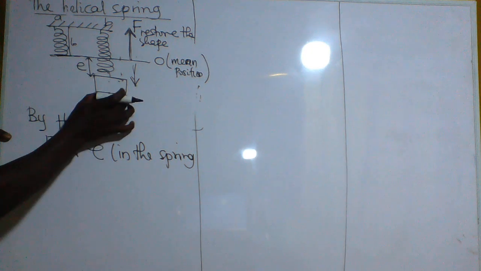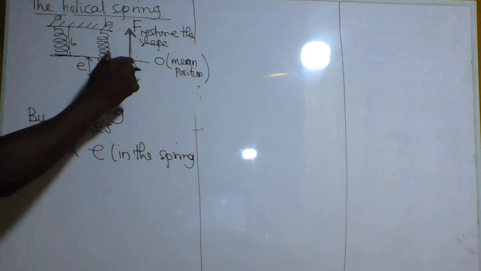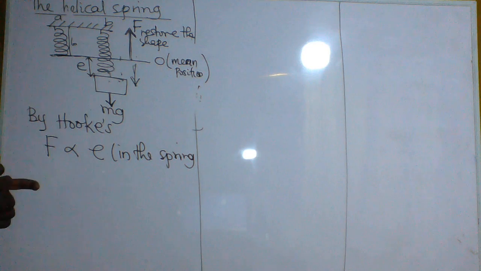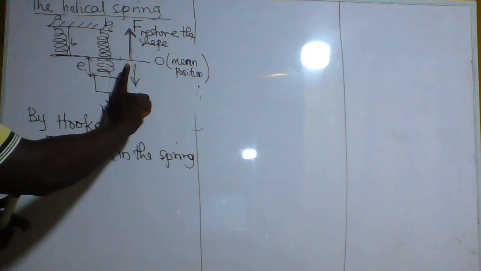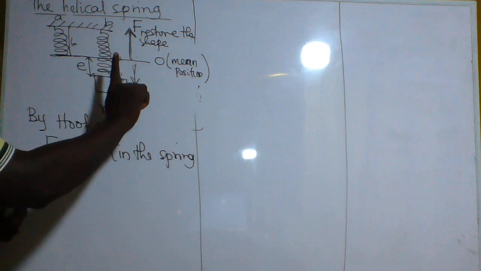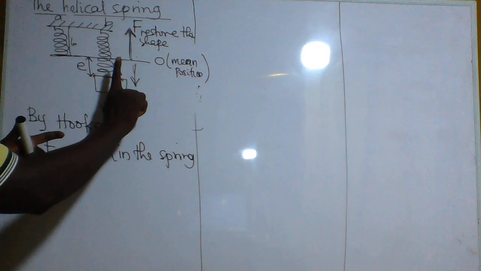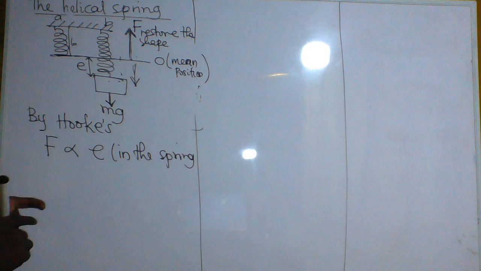The direction of this restoring force here upwards is always against the direction of displacement downwards. Here the object was stretched by the load, so the extension E is in the downward direction, and the restoring force is also against the direction of displacement.